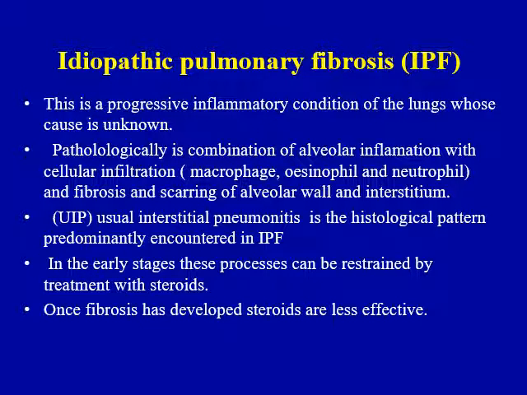By lung biopsy, UIP, or usual interstitial pneumonitis, is the histological pattern predominantly encountered in IPF. In the early stage of this process, this can be restrained or stopped by treatment with steroid. But later on, when the fibrosis develops, the steroids are less effective.